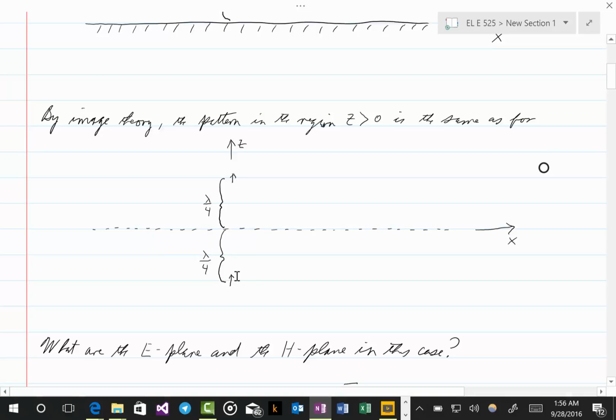So in this case, the H field will have a phi component, but no radial or theta components. So the H plane we will take to be the XY plane, the plane that is exactly in the middle between these two dipoles.